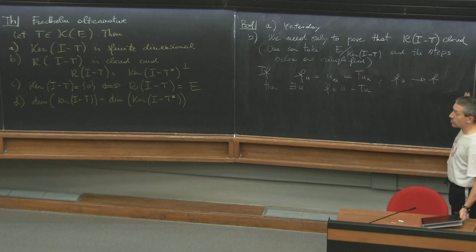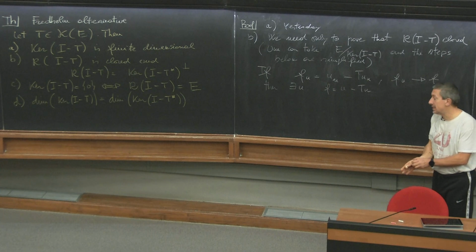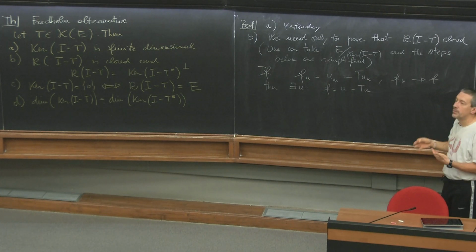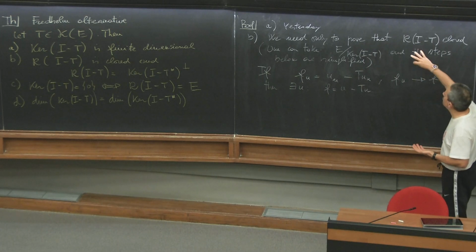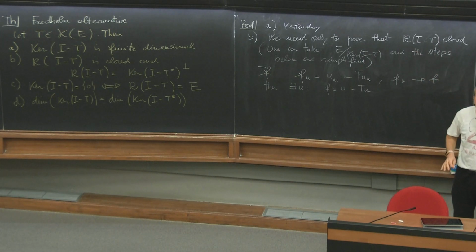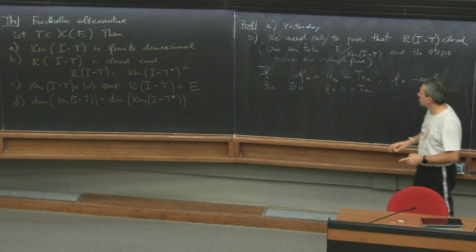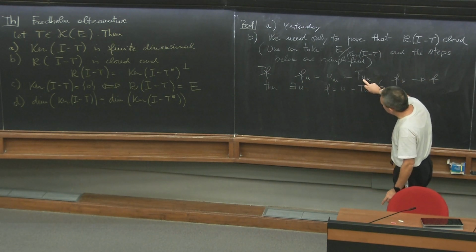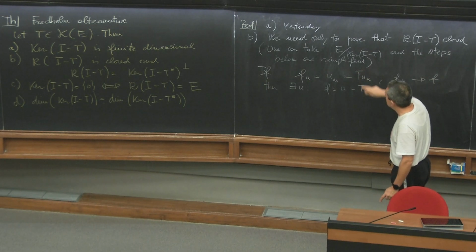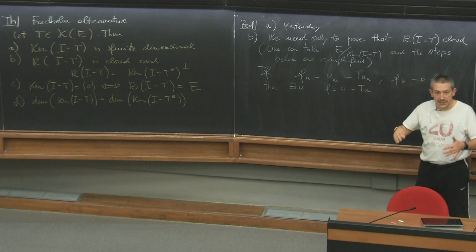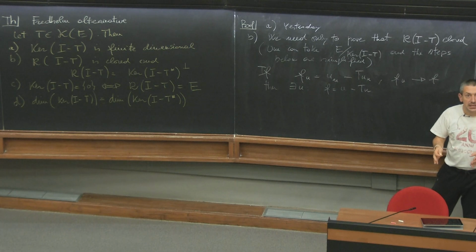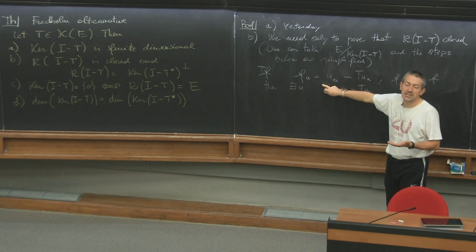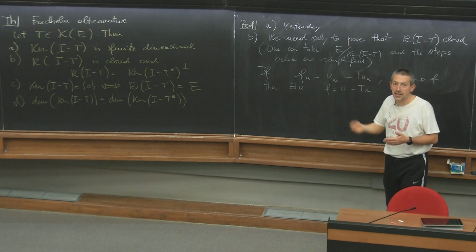And just as a comment, where the compactness plays a role and why the proof in this setting is much easier: simply because we know that this guy is compact, so if un has a bounded norm, then up to subsequences it should converge strongly, and then you pass to the limit.